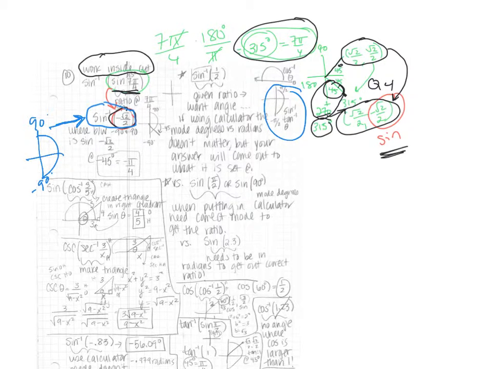So the angle where sine is negative root 2 over 2 in between those two quadrants is negative 45 degrees. That's the angle, or negative pi over 4. So that's our answer.